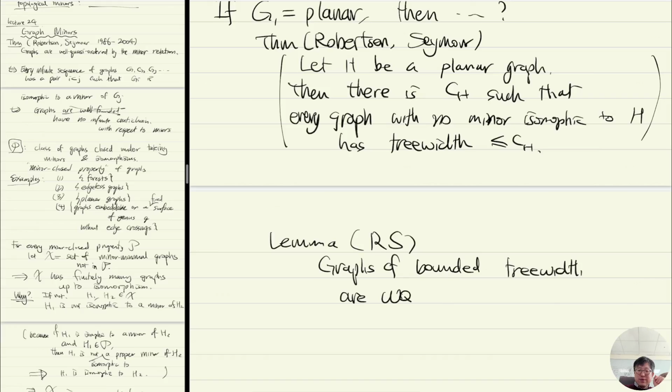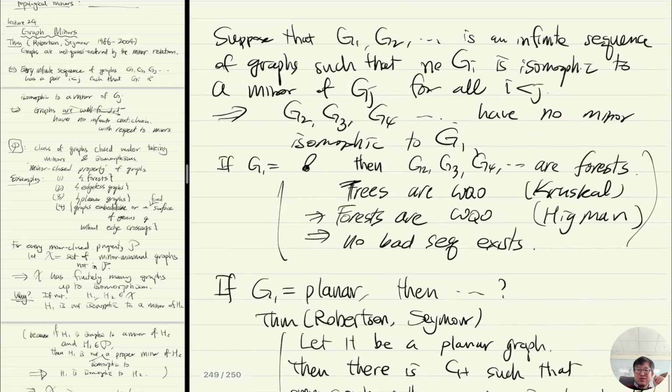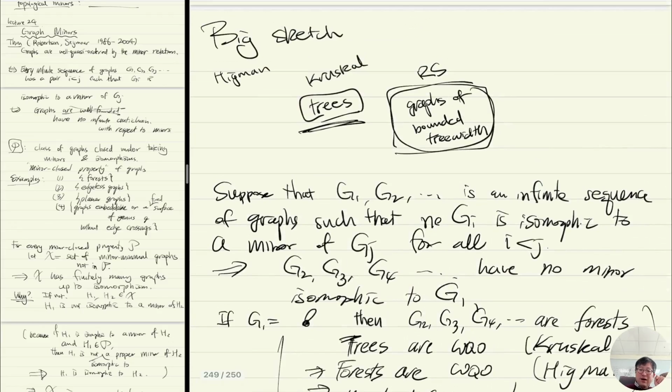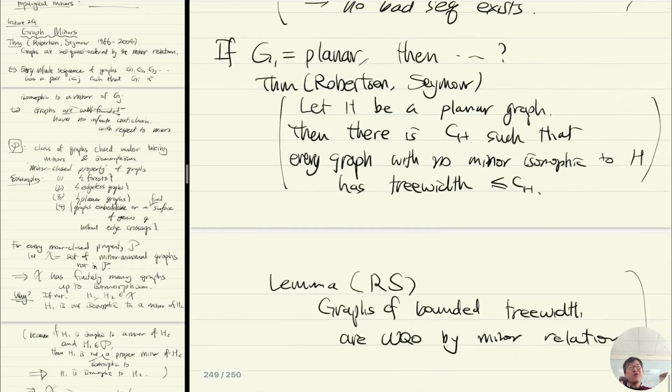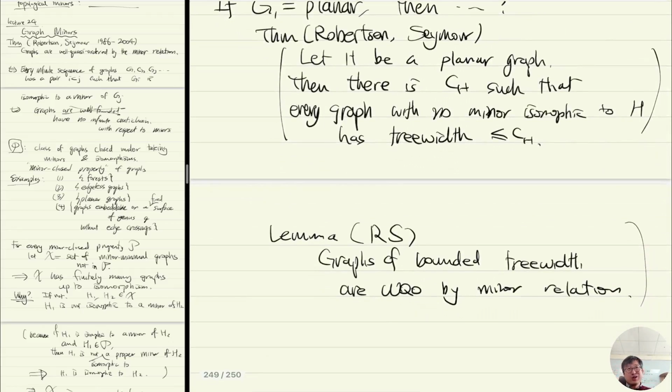And they proved that these are well-quasi-ordered by minors. So by combining these two, if the first graph G1 is planar, then we win because there's no bad sequence. All graphs G2, G3, G4 will have small tree width, and if they have small tree width, they are well-quasi-ordered.